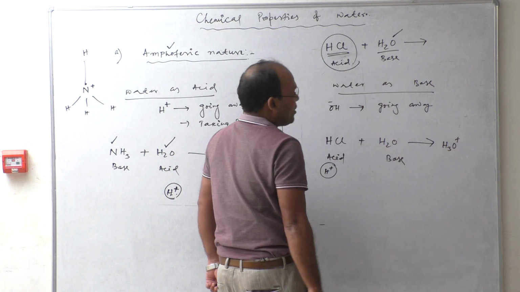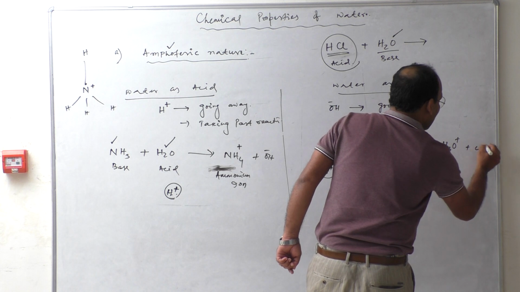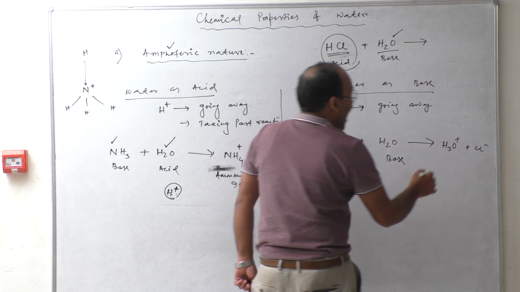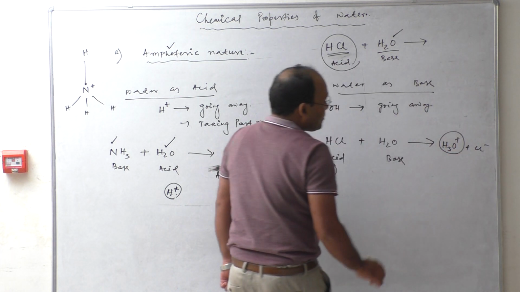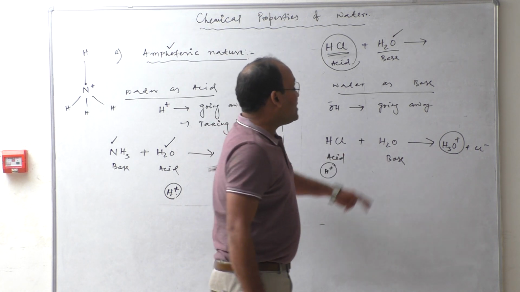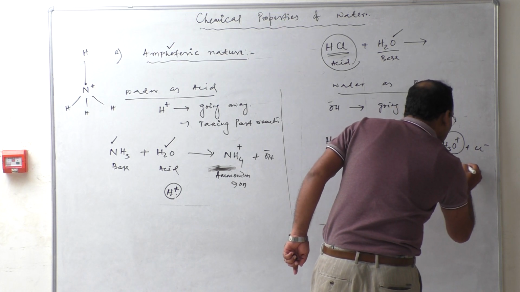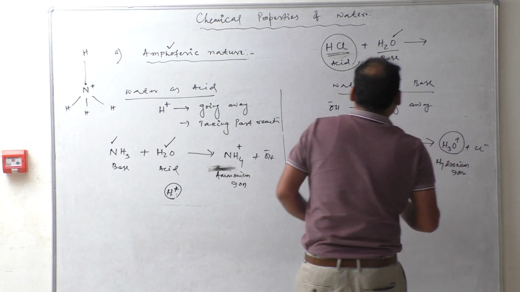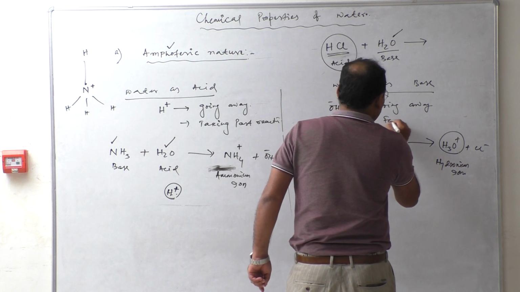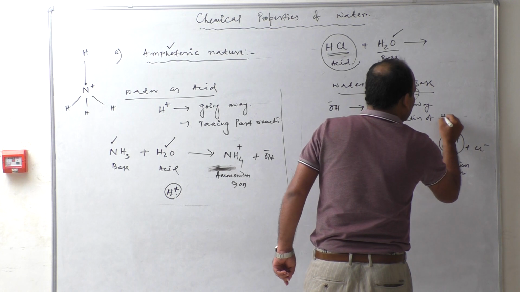This is your hydronium ion. And then what will happen? Cl minus, right? So as here the H plus from the acid is participating, hydronium ion is formed. So this is the formation of hydronium ion.